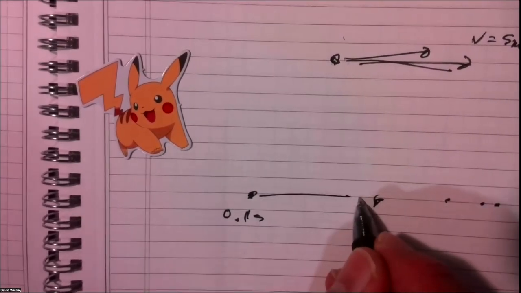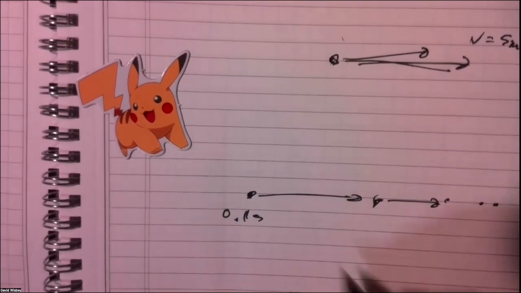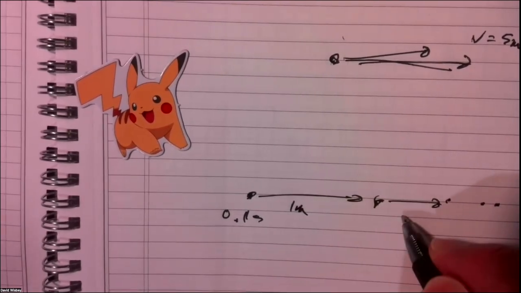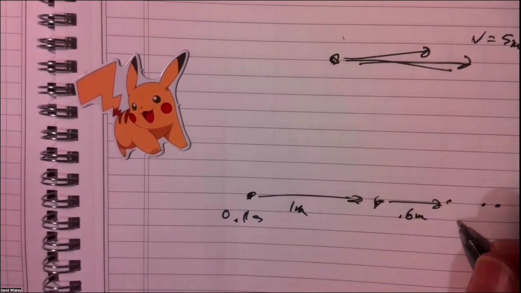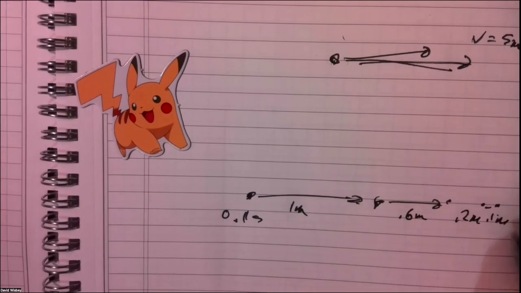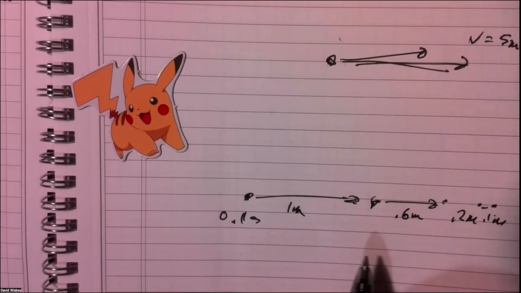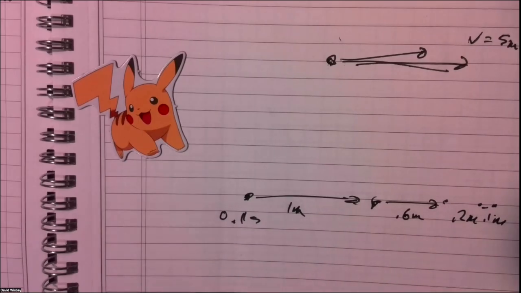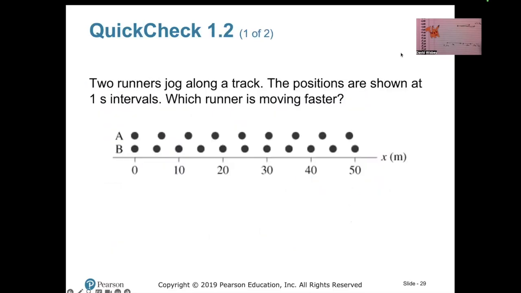Between each of these dots is the distance that he actually moved. Let's say the first one is 1 meter, the next one he traveled 0.6 meters, and maybe this is 0.2 meters, and then 0.1 meters. So Pikachu is slowing down. We just use a dot basically to represent him. So that's our model.